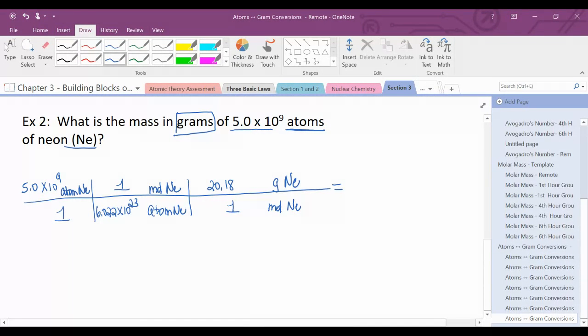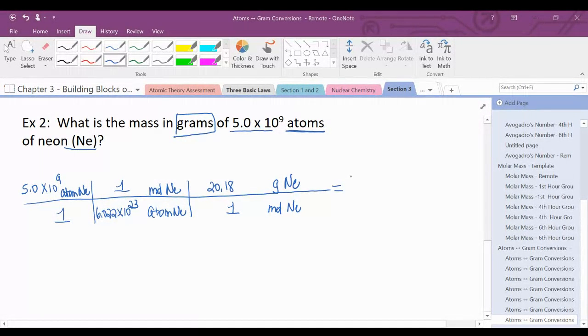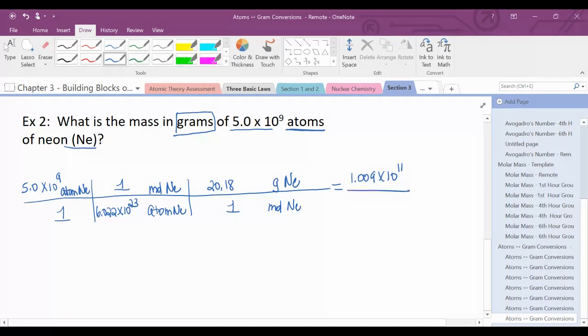Again, not everything on the bottom is a 1, so we multiply across the top. I don't round until the very end of all my calculations. Then I multiply across the bottom, and then I divide.